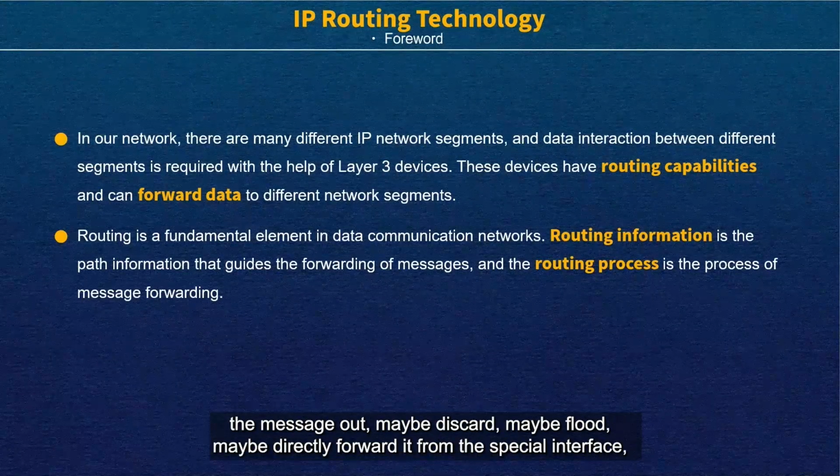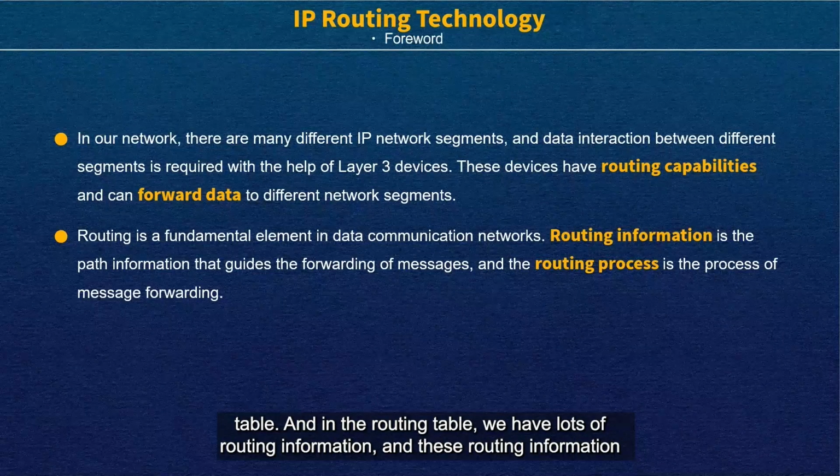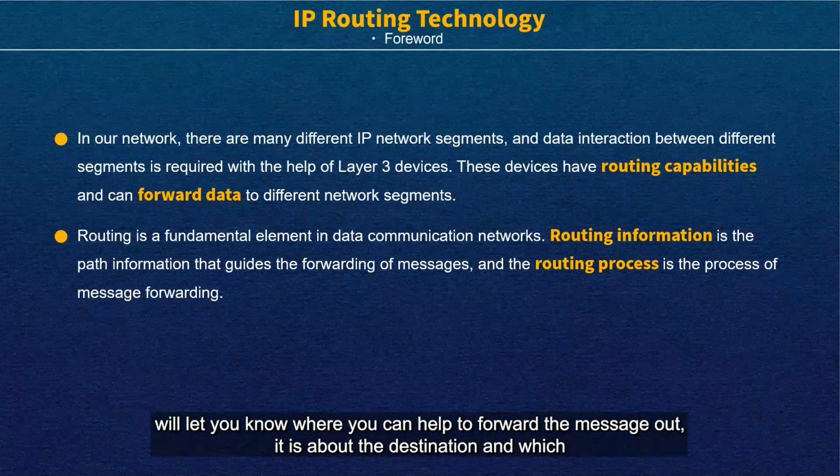Maybe discard, maybe flood, maybe directly forward on a specific interface, right? And for a layer 3 device, we also need one table, and we call it the routing table. In the routing table, we have lots of routing information, and this routing information lets you know where to forward.